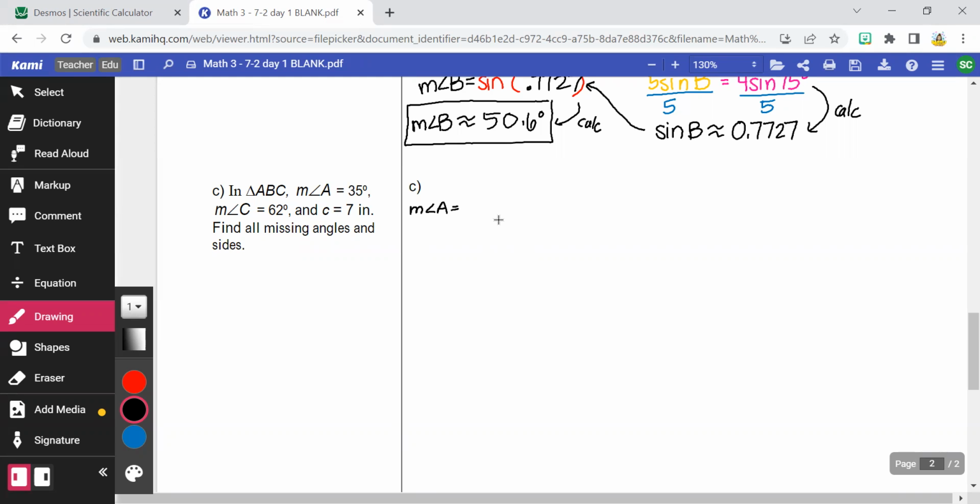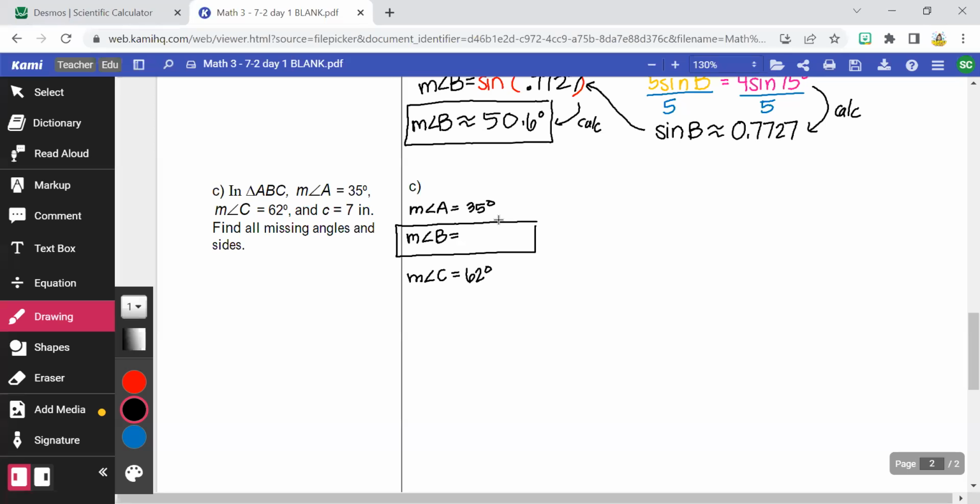So if my triangle is named ABC, they're telling me the measure of angle A is 35 degrees. I don't know the measure of angle B, so that's going to be an answer. And then they told us that the measure of angle C is 62 degrees.